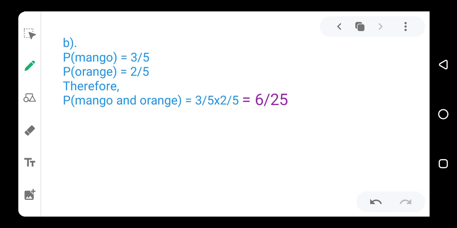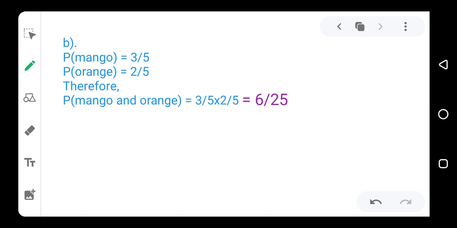Now the second one we are picking is orange. The total number of orange available is 2, but we have put back the mango we picked before, so making the number of fruits remain the same, that is 5.